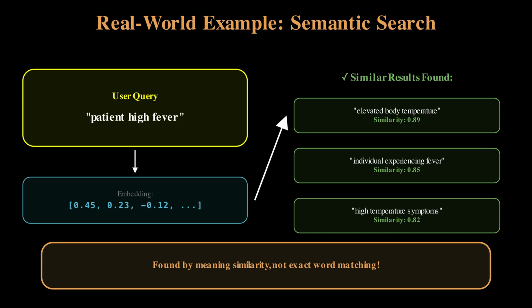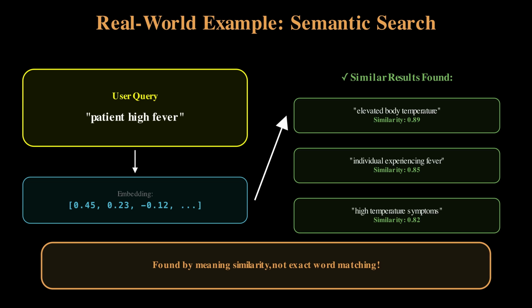Now the system searches the database and finds matching results based on similarity. Look at what it found. Elevated body temperature, 89% similar. Individual experiences fever, 85% similar. High temperature symptoms, 82% similar.